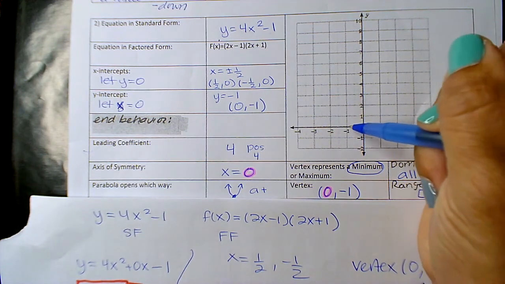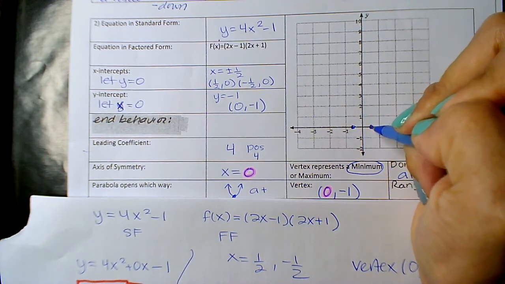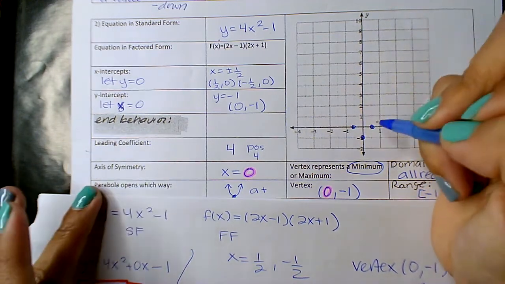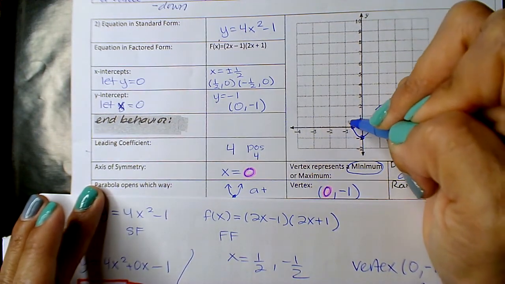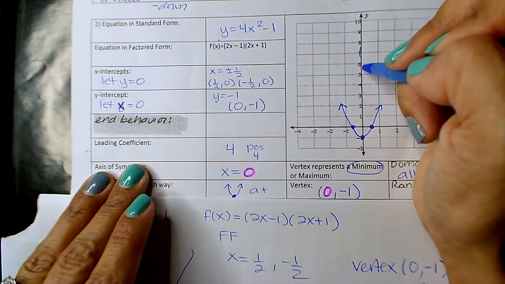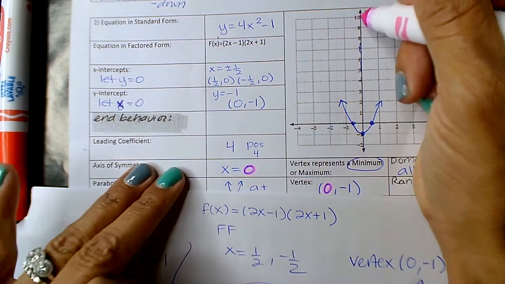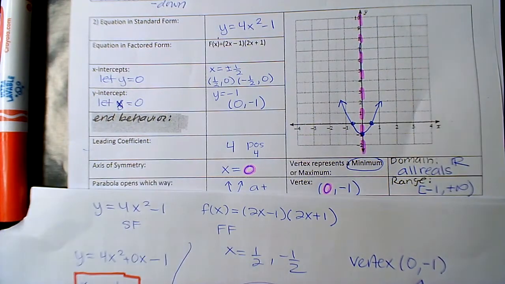Wait, that's a 1, so that's a -1. 0, -1. Oh, you guys, it's like a little baby problem. All right, and then my axis of symmetry. Wow, the axis of symmetry is here. There's my axis of symmetry.